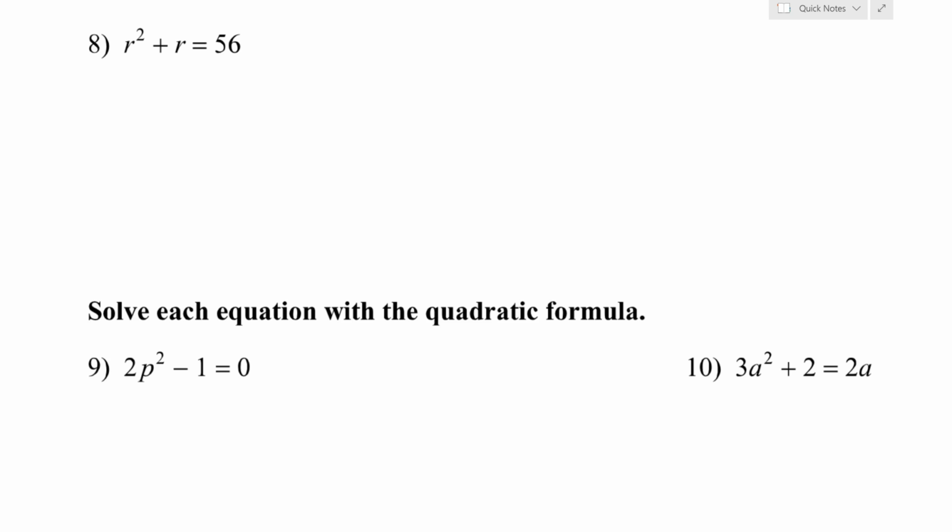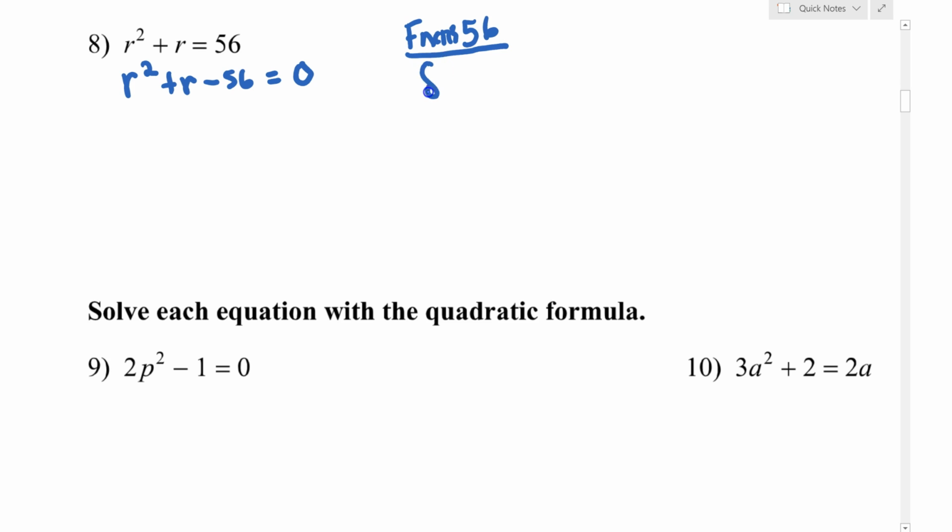So once again, we're going to solve this by factoring. So we have r² + r - 56 = 0, since I want everything on one side. So now you have to give me the factors of 56. I think they're 8 and 7. 8 times 7 gives you 56.